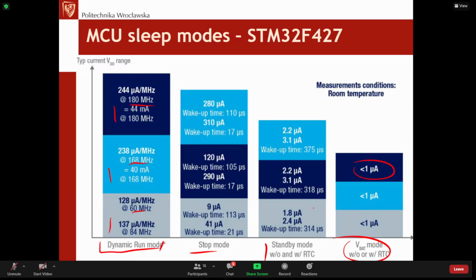Despite the active current being almost 50 milliamps, in backup we talk about less than 1 microamp, very close to power off. From standby, this microcontroller requires 300 microamps to wake up, and from this mode we need to reset everything, which is why the wake up time may go even to a millisecond.